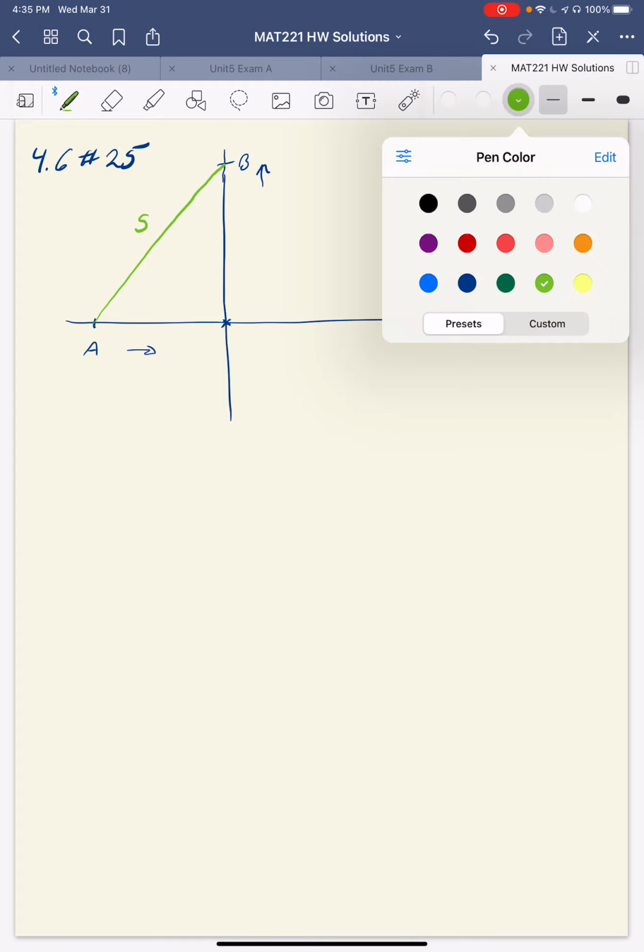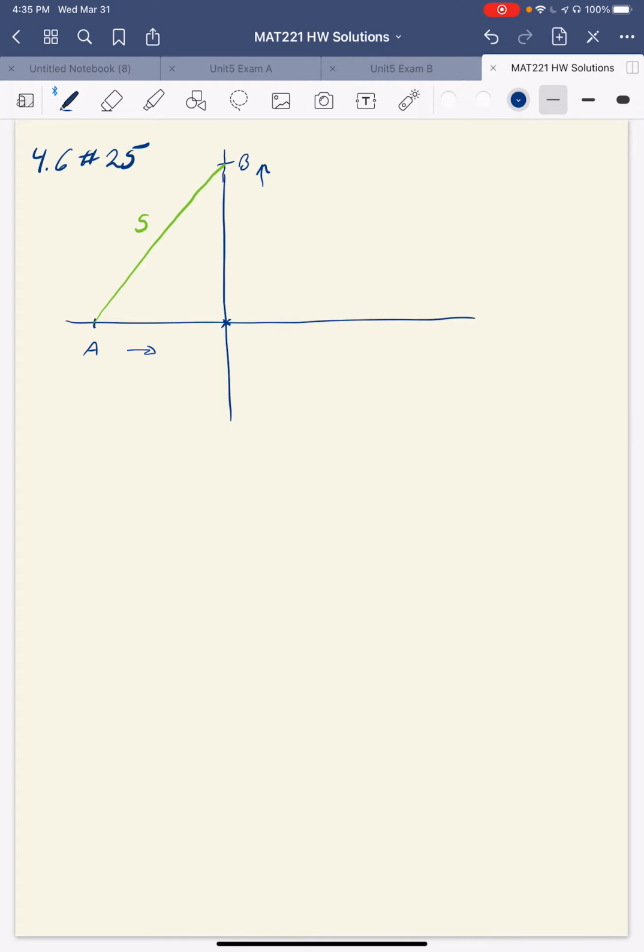I'm going to label that distance X. That's 40 miles. And car A is traveling 50 miles per hour, remember, in this direction here.